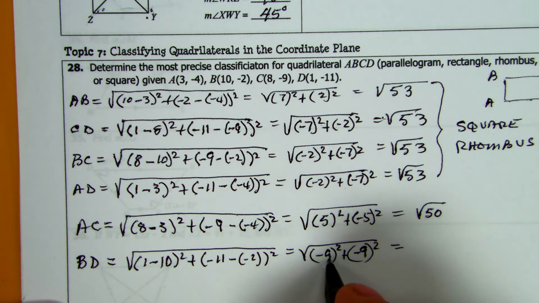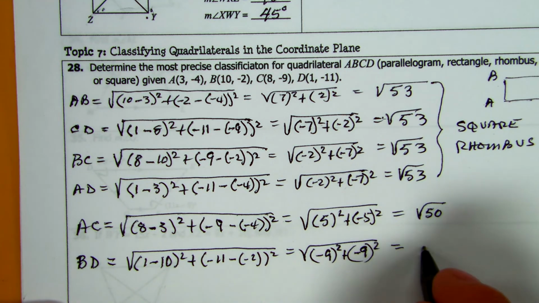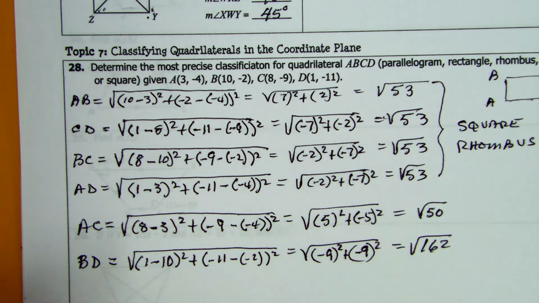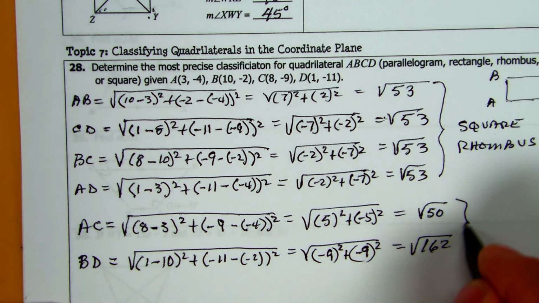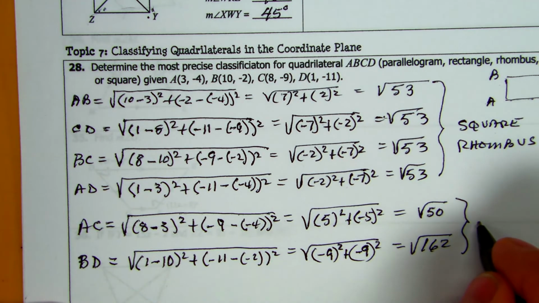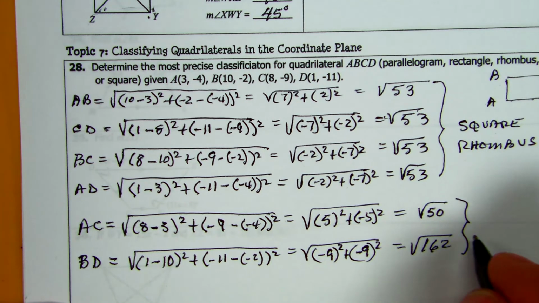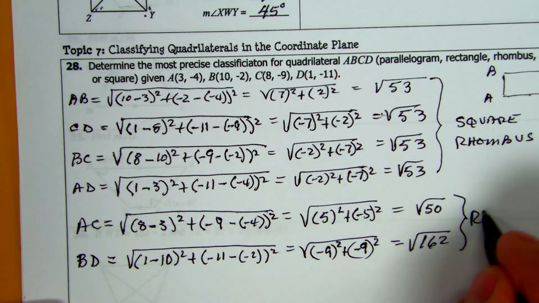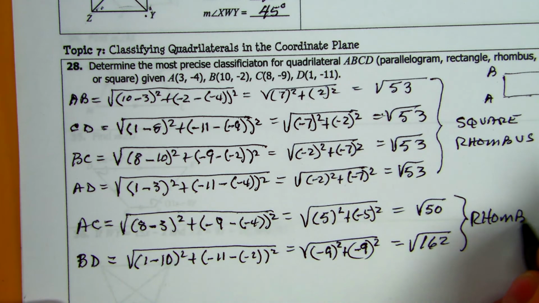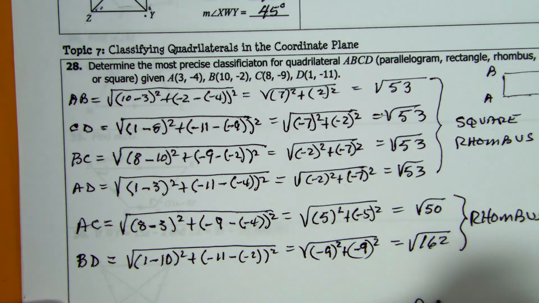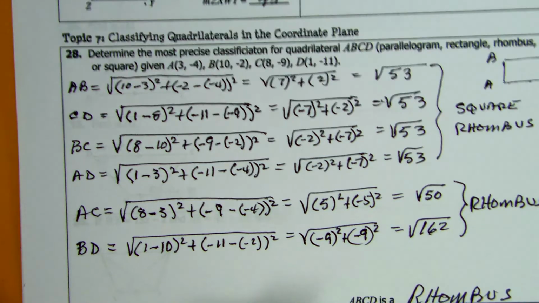So 9 squared is 81 plus 81, 162. Square root of 162. So they're not congruent. So this tells me, without doubt, that they're not congruent, so it's not a square, it's a rhombus. Okay, it's a rhombus.